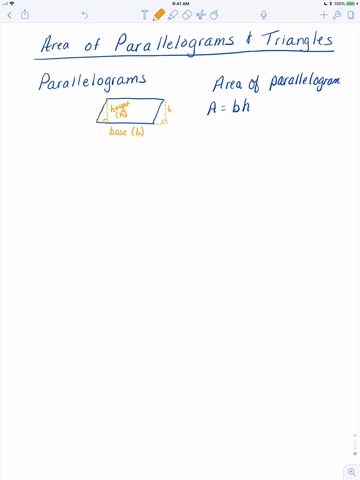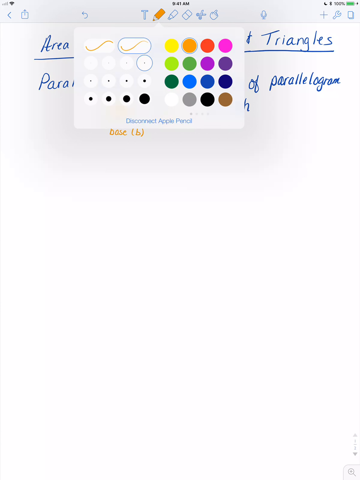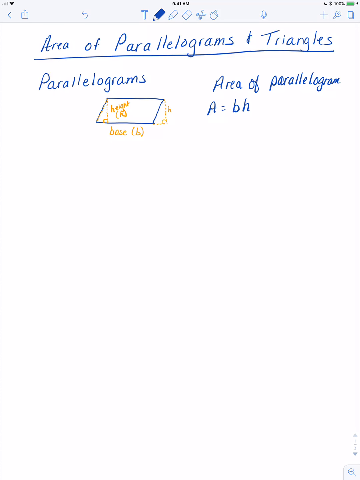You want to make sure that height is always what we would call a perpendicular line to that base, which is what creates that 90-degree angle to that base. So that's what we're always going to be looking for. All right, well, let's go do a couple of these. I think most of your problems here are going to always be labeled for you.